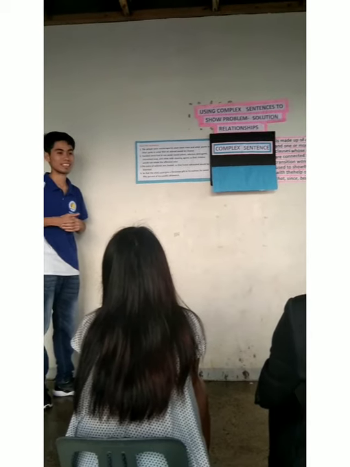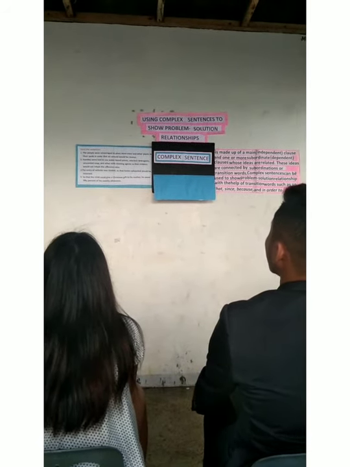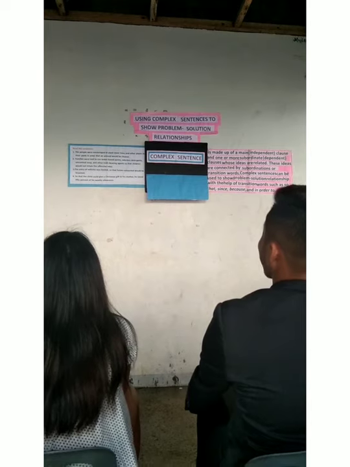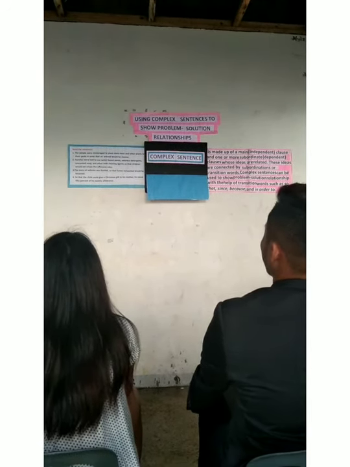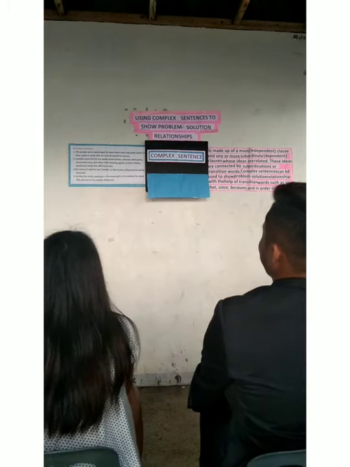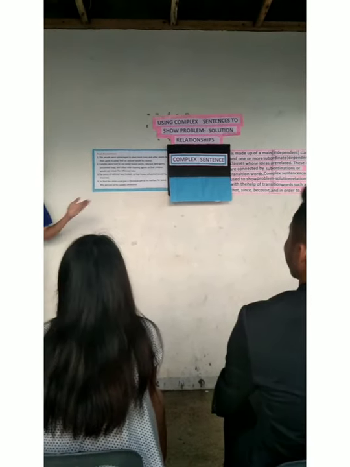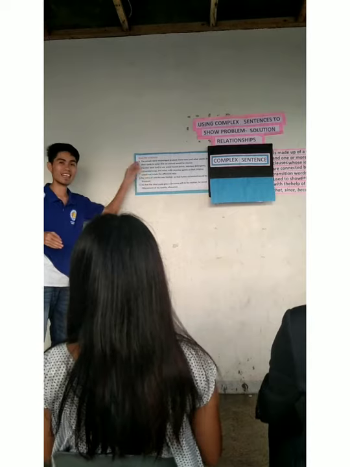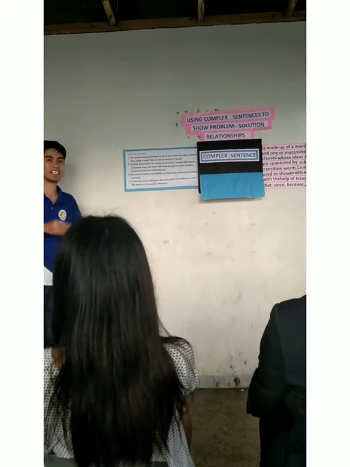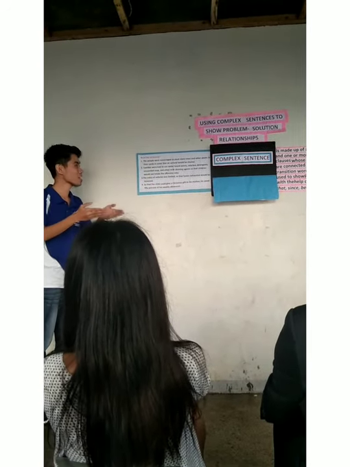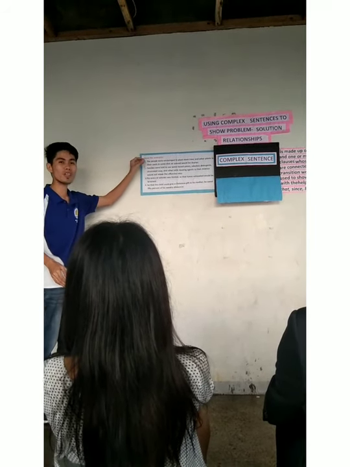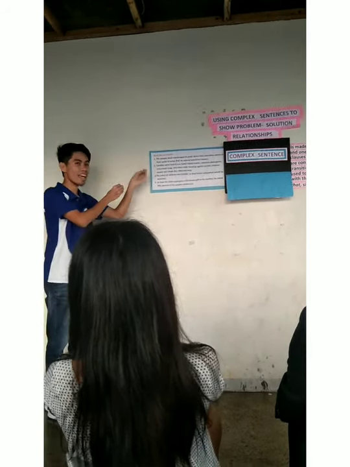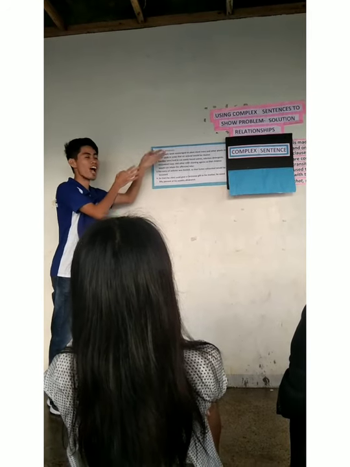I think it is a complex sentence because it has an independent clause and one subordinate or dependent clause. Michael said that this sentence is a complex sentence because it has a dependent clause and an independent clause, which is correct.